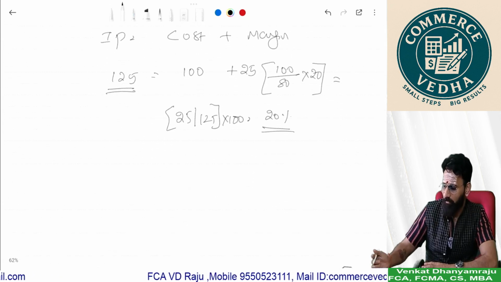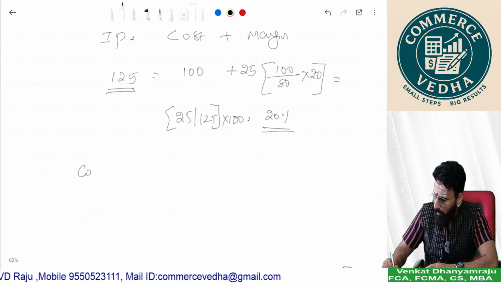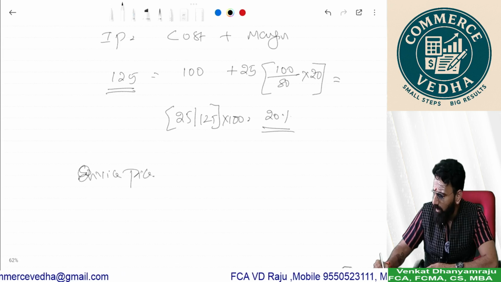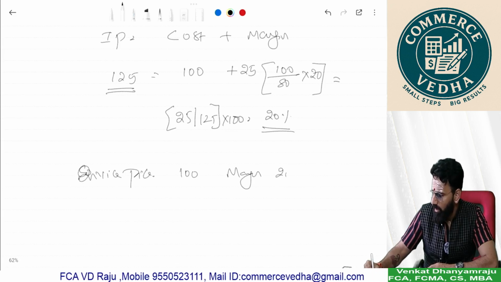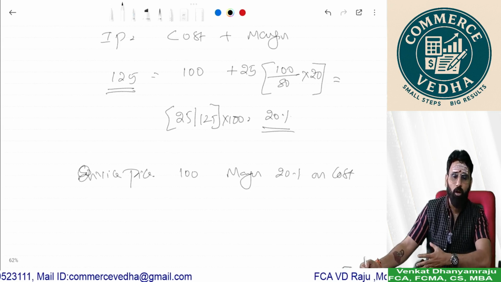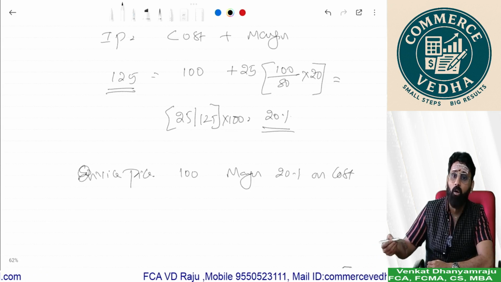One more sum wherein they may give you invoice price 100, margin 20% on cost. Now, you don't have cost, but the margin is 20% on cost. Then how do you do?